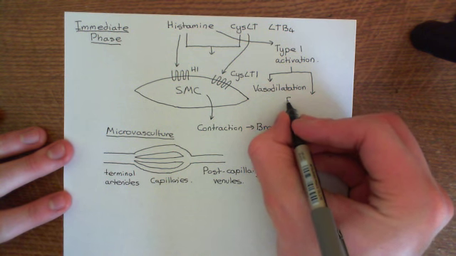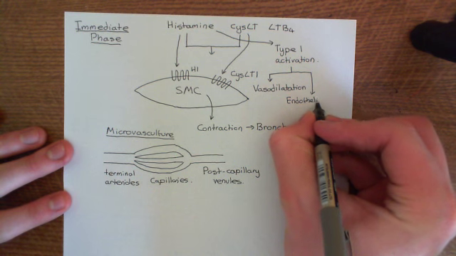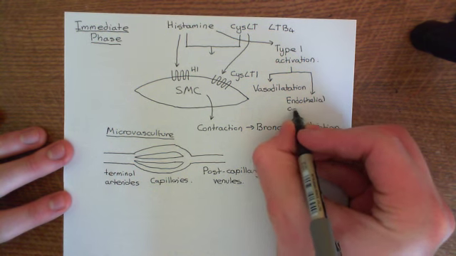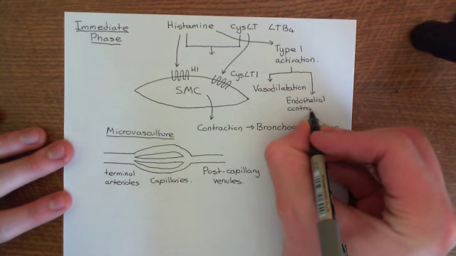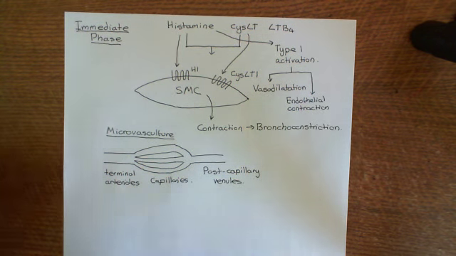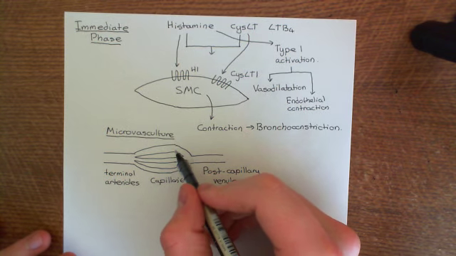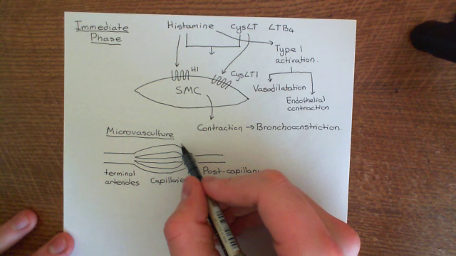You're going to get endothelial contraction, where the endothelial cells pull apart and open up little gaps in between themselves. And this will mainly occur in the capillaries and the post-capillary venules, opening up gaps in the endothelium, which will allow fluid from the blood to move through these gaps into the interstitial space. You're going to get fluid moving from the blood into the lamina propria.